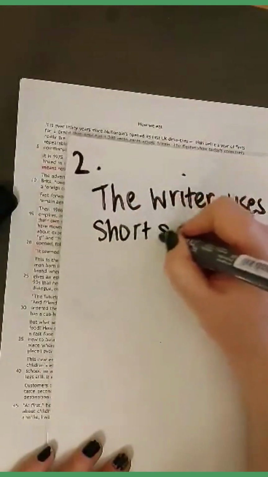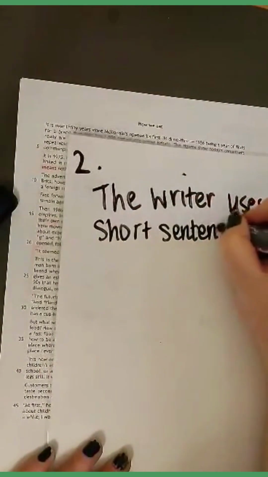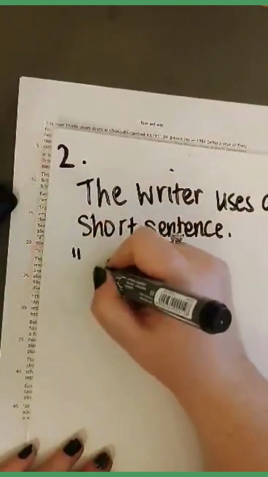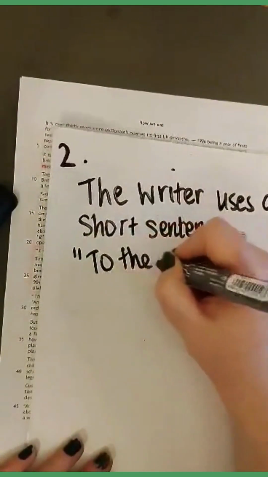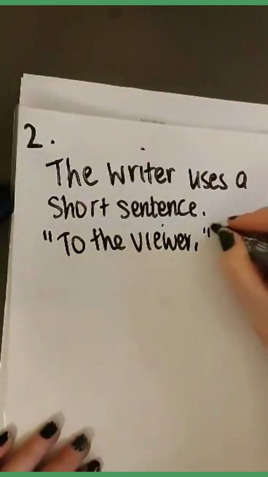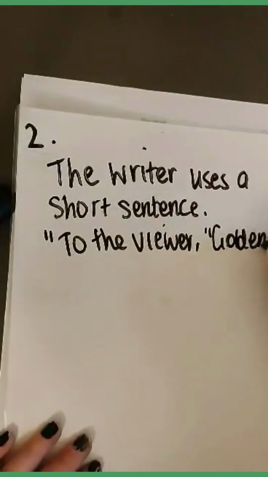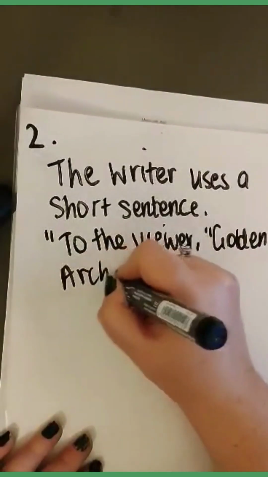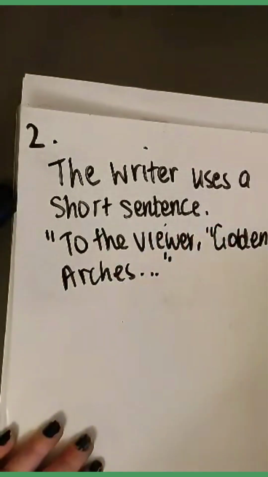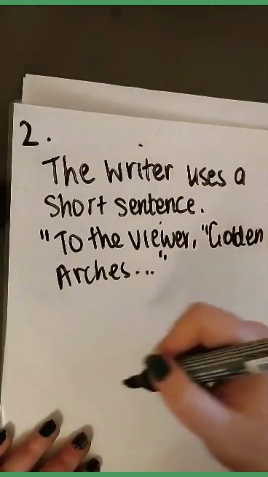So we are showing that we know what we're talking about because we've identified the type of sentence structure. We're then going to quote: "to the viewer...golden arches". Now we want to try and save time because we're in our exam, so we can just use an ellipsis, but it's clear that this is the sentence we're talking about.